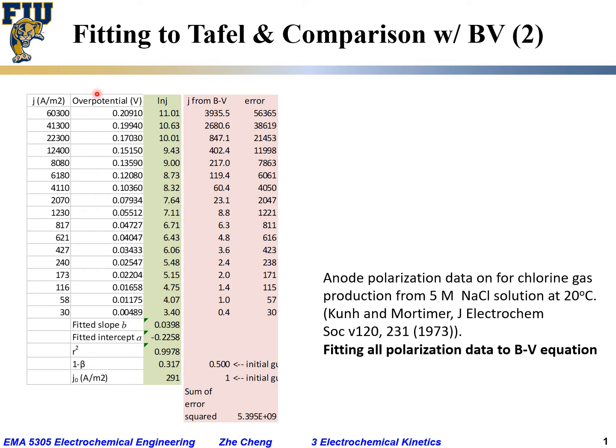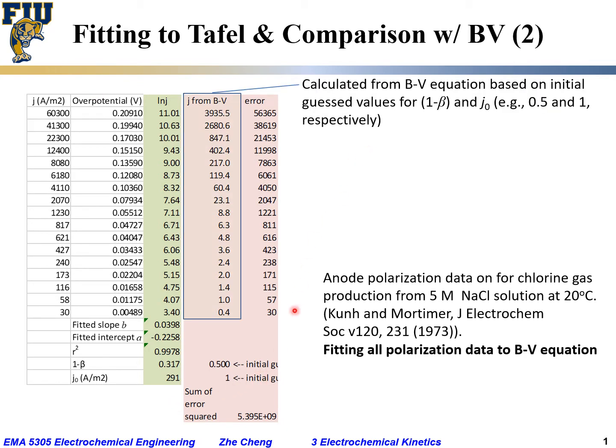But with the overpotential value, as well as some initial guess value for 1 minus beta and J0, if we guess 1 minus beta to be 0.5 and the J0 exchange current density to be 1 amp per meter square, we use these two values with the Butler-Volmer equation, and we can calculate current density for the corresponding overpotential. Okay? And the values are listed here.